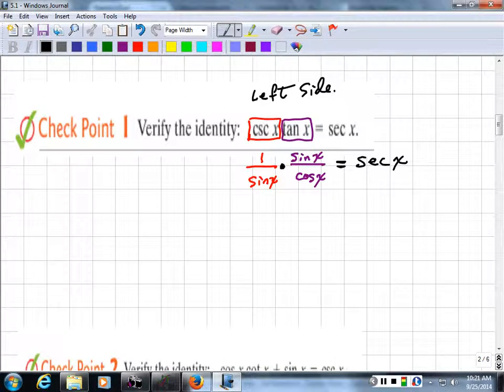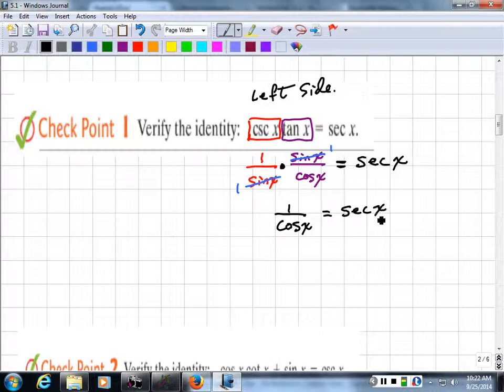Now, on the left-hand side, I've got 1 over sine x times sine x over cosine x. I know that sine x will divide into itself, leaving me with what? 1 over cosine of x. And I'm still saying that this is equal to the secant of x.